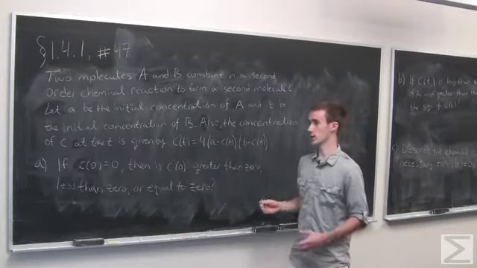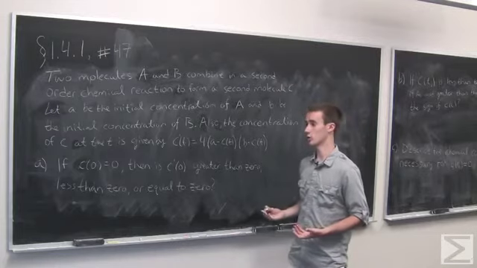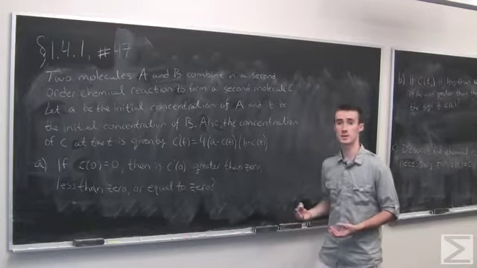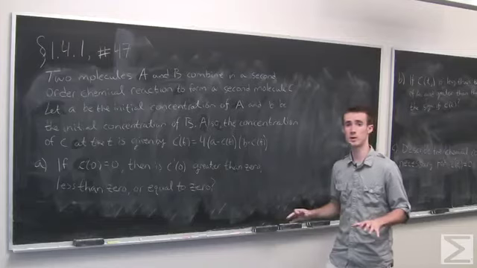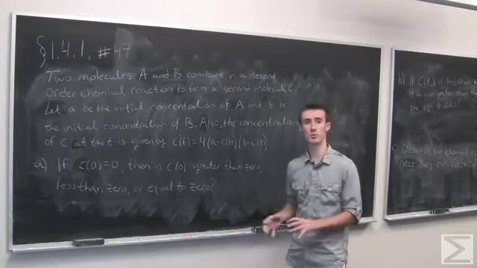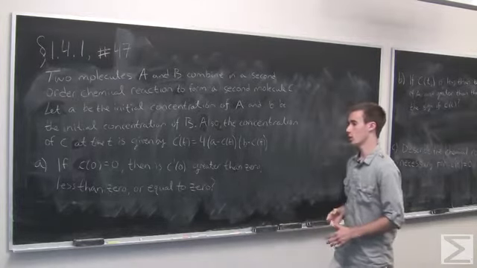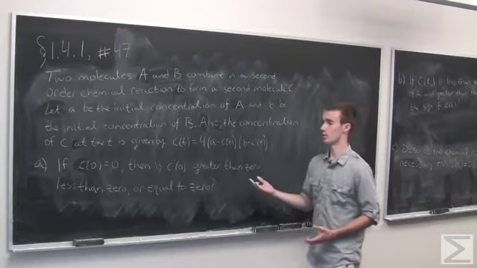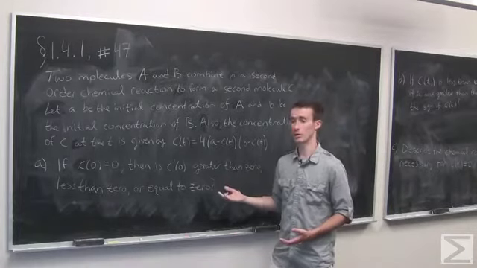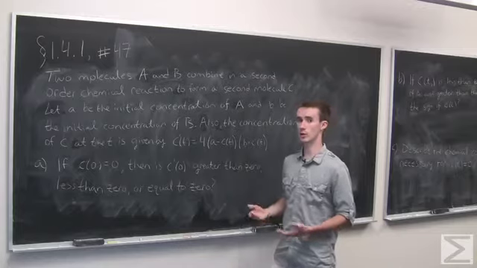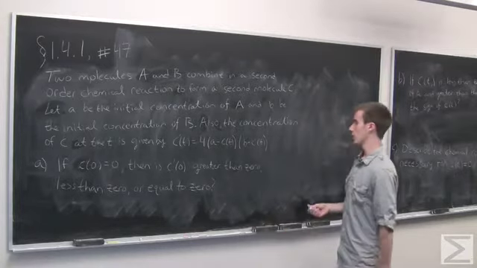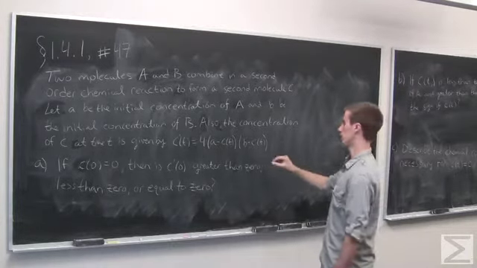So our first question is, what if our initial concentration of C is 0? So we just have molecules A and B, and they haven't started to combine to form the third molecule C yet. Then is the rate of change of the concentration of C greater than 0, equal to 0, less than 0? Let's look at our formula here.